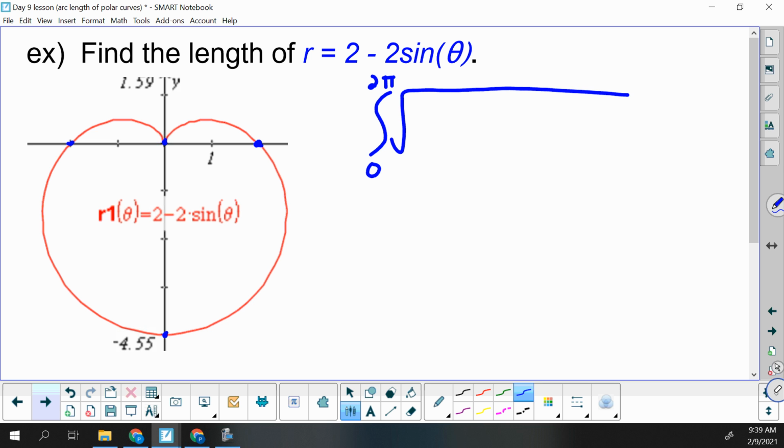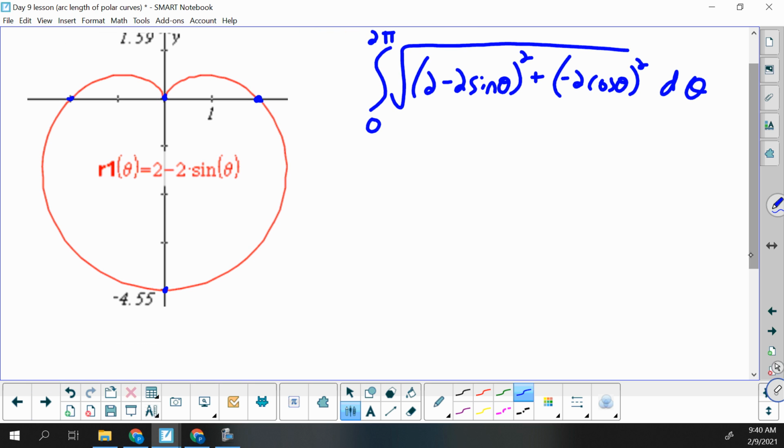We're going to have the square root of 2 minus 2 sine theta, squared, plus our derivative of the 2, which is going to be 0. And then minus 2 sine theta's derivative will be minus 2 cos theta, squared, and then d theta. Well, I'm going to multiply those out and combine them off to the side. If we FOIL the first one, we're going to get 4 minus 8 sine theta plus 4 sine squared theta.